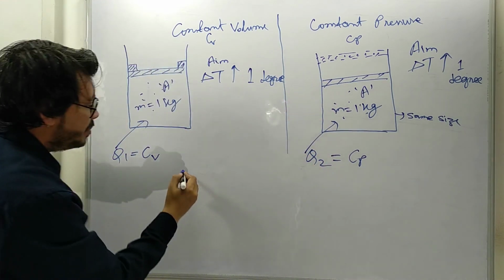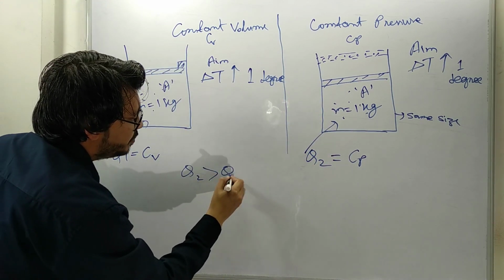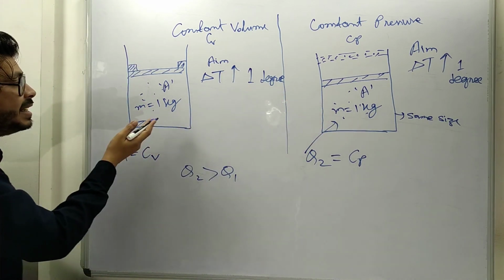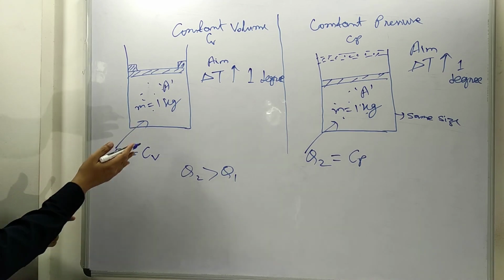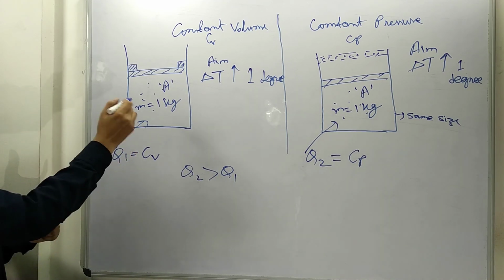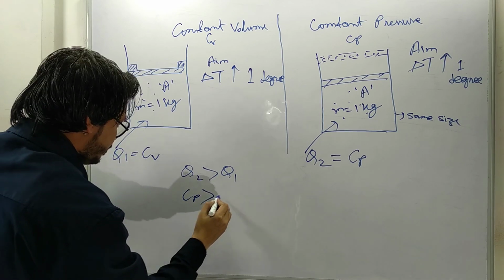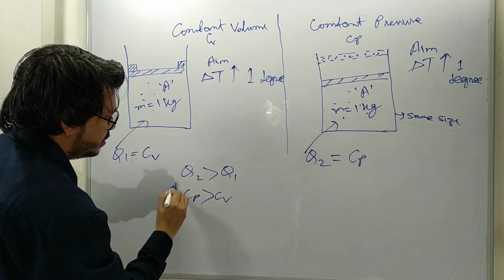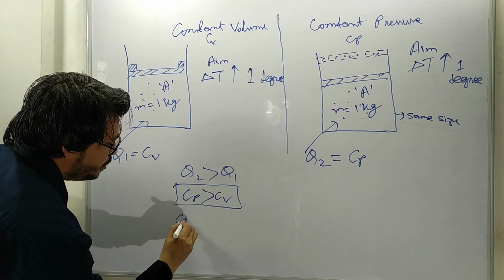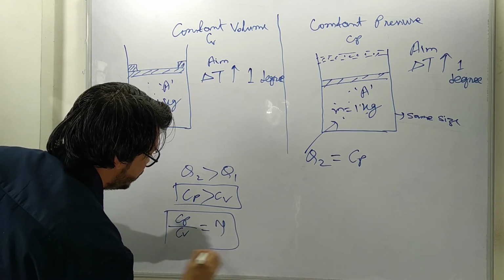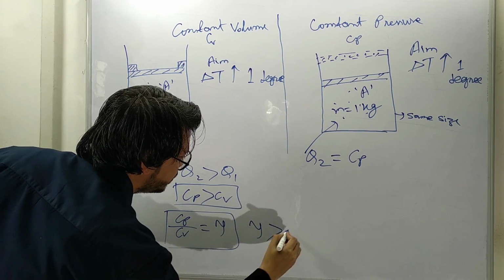So Q2 is greater than Q1, because here it is only increasing the internal energy of the gas A. So Cp is greater than Cv, and the ratio Cp by Cv is equal to gamma, which is greater than 1.